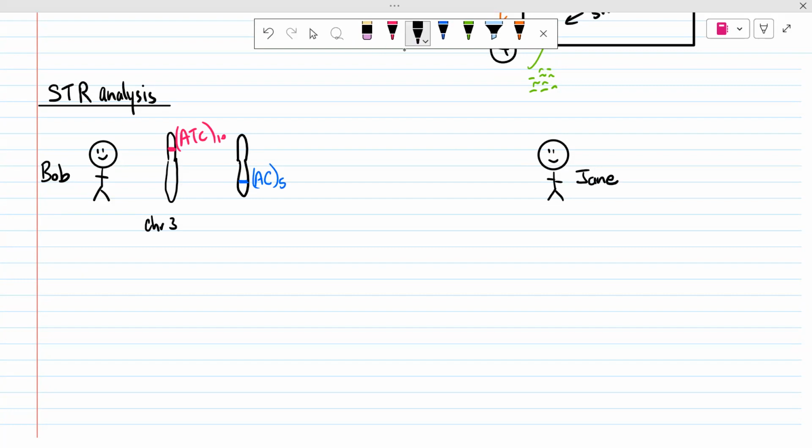That would be on like chromosome 10 or something. And then we're going to do one more. We're going to look at another chromosome, chromosome 18, and there's going to be another short tandem repeat. This one is TTC repeated 20 times.